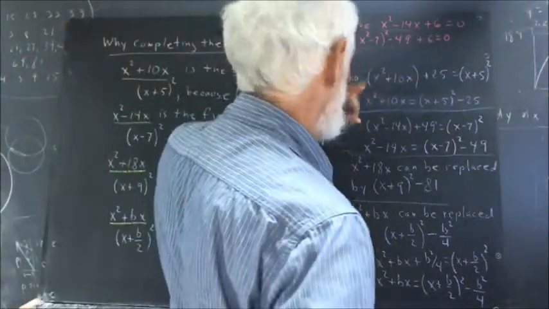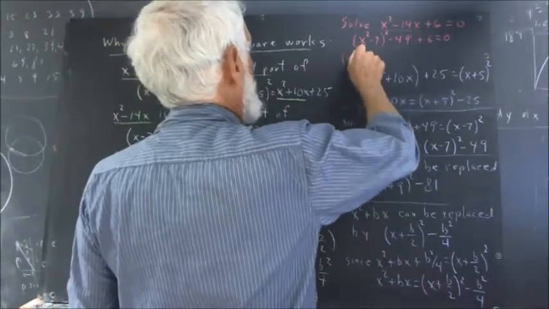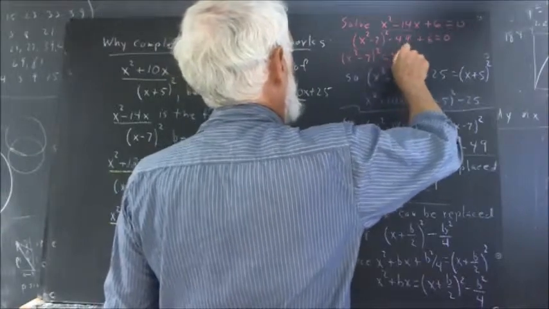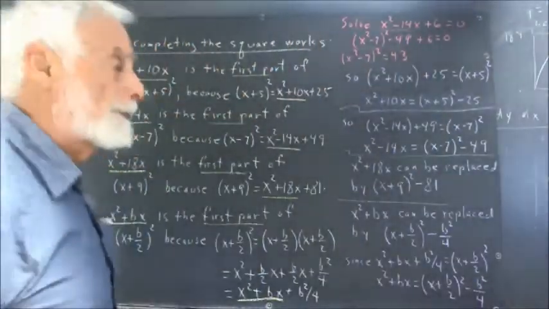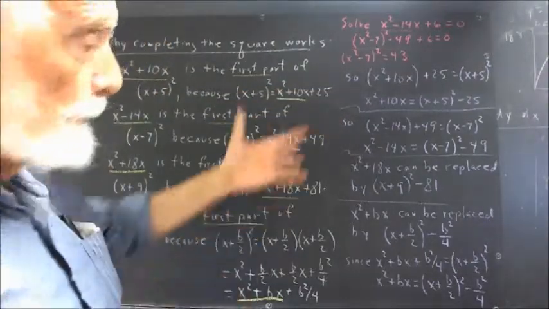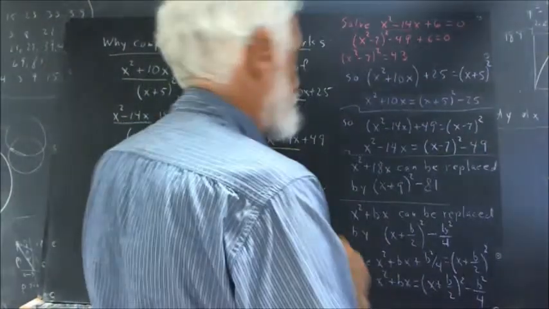Now we rearrange that. Of course, we do the subtraction. We get minus 43 here. And we end up with x minus 7 squared equals 43. What's our solution? Well, I don't have room to write it all out, but we've seen this sort of thing.